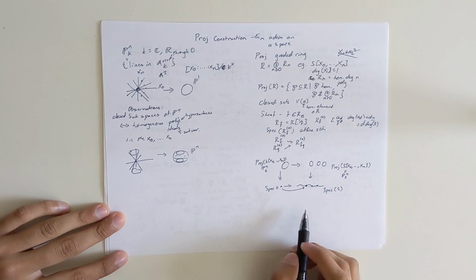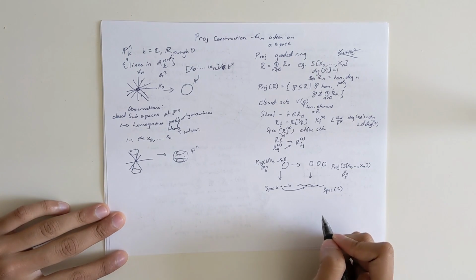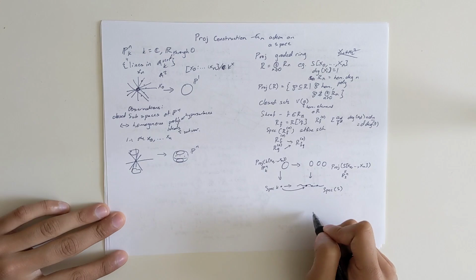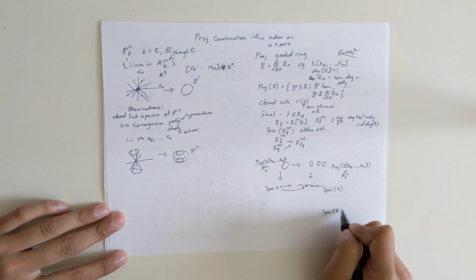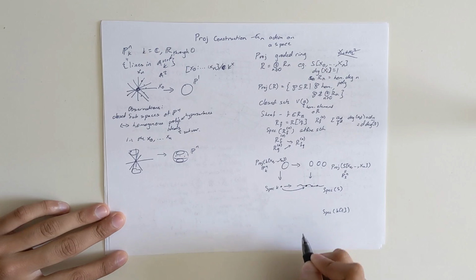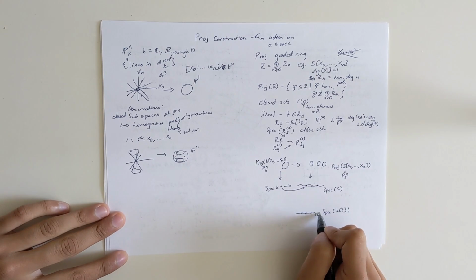And the thing is, you can do this not just for closed points, but you can do this for generic or non-closed points as well. And for example, if we look at Spec of k[t], so taking S to be Spec k[t], then we'll have closed points and we'll have a generic point 0.